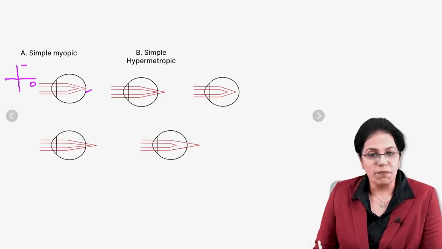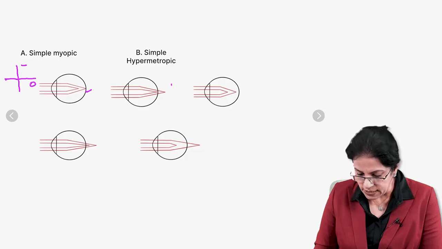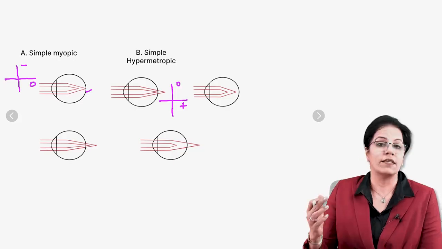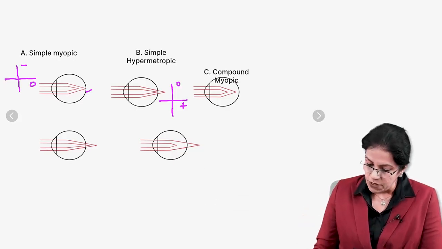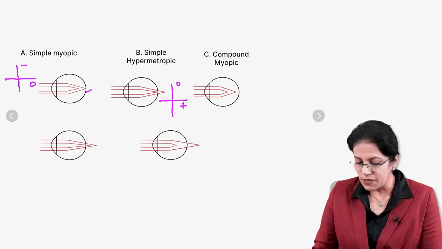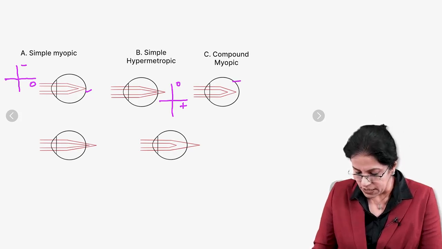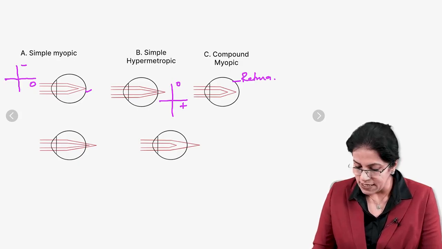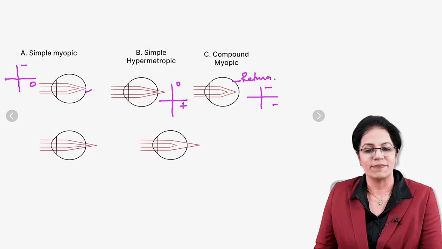Next is your simple hypermetropic, meaning one axis is behind the retina and one is emmetropic. It could be either axis. Then we come to this: both axes are in front of the retina, if this is the retina being depicted here. This is your compound myopic. I will depict it as minus and minus.